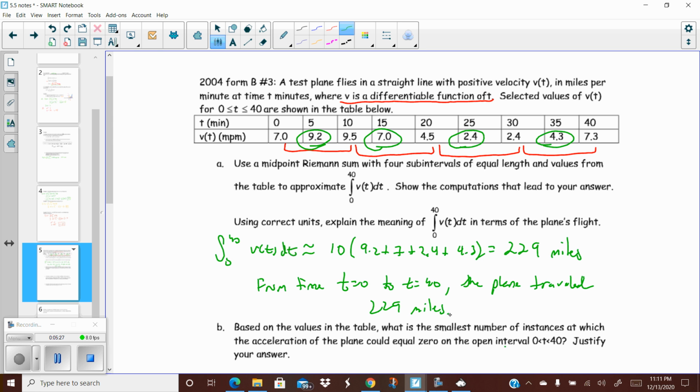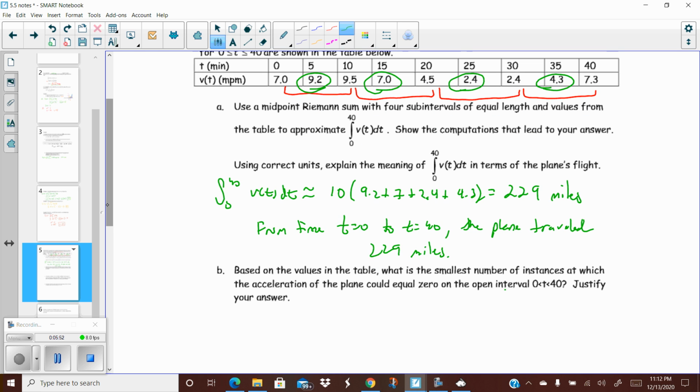And it's important that you write what time frame this was on. You can't just say over 40 minutes. They specifically want to know that it was the first 40 minutes or from time 0 to time 40. Because the plane obviously was traveling past 40 minutes, because if it wasn't traveling past 40 minutes, then at 40 minutes, its velocity would be 0.